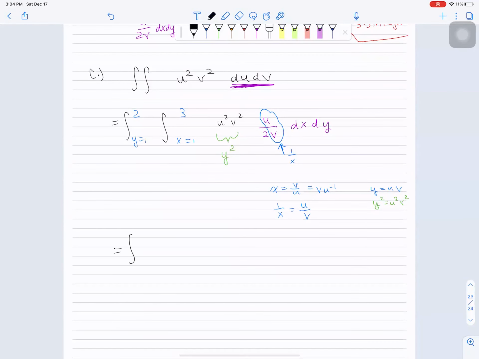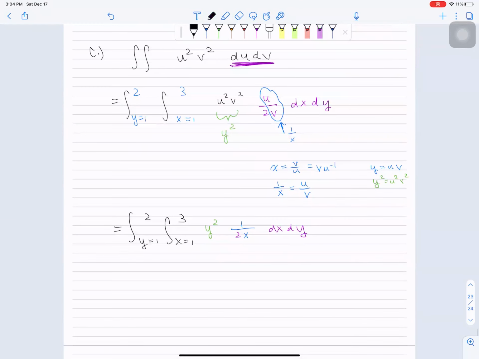So that means that my integral is now y equals 1 to 2, x equals 1 to 3 of y squared times 1 over x, but don't forget that 1/2 there, dx dy. Okay, and you can compute that integral, and I get 7 natural log 3 over 6.